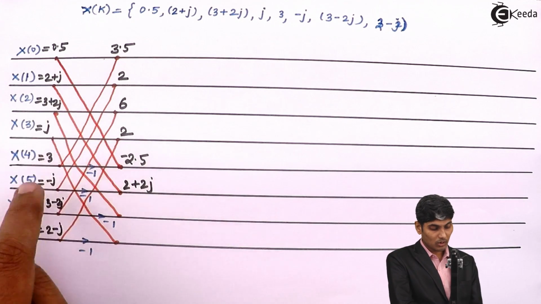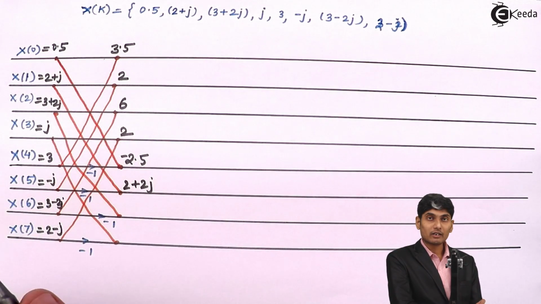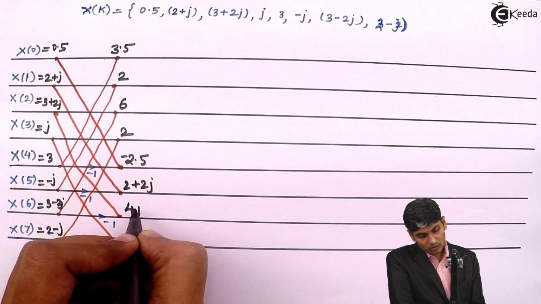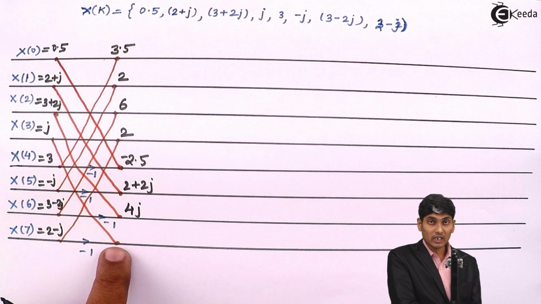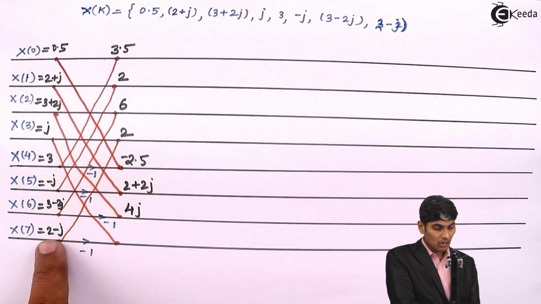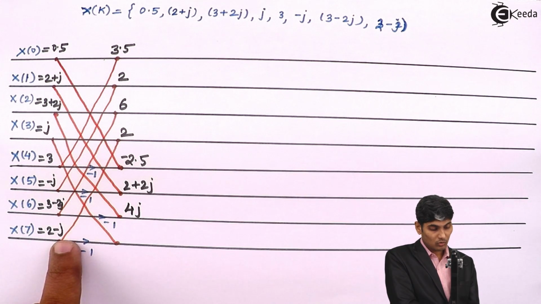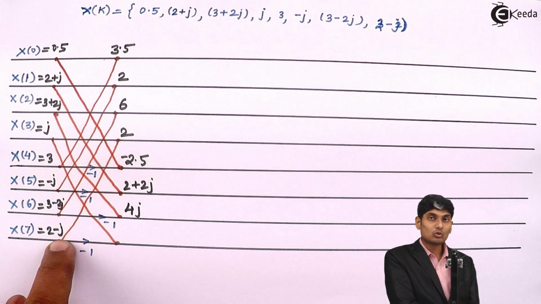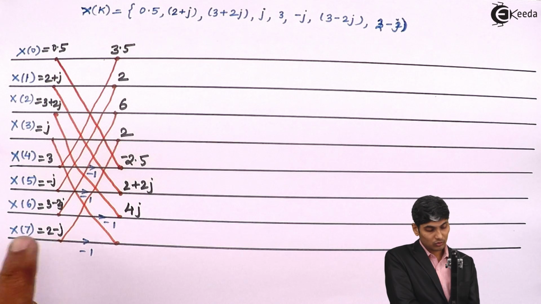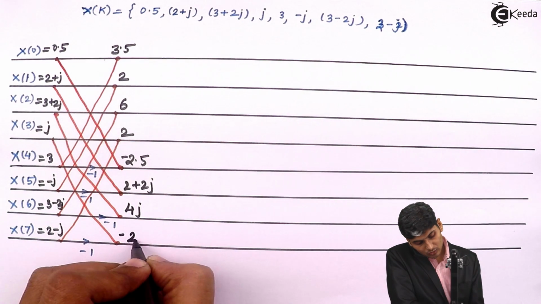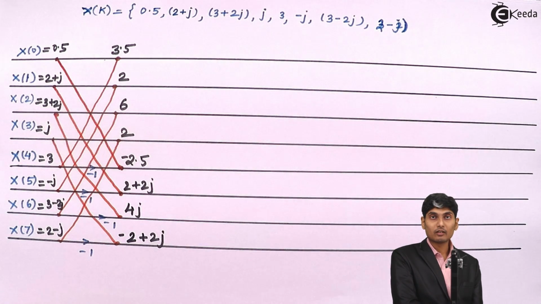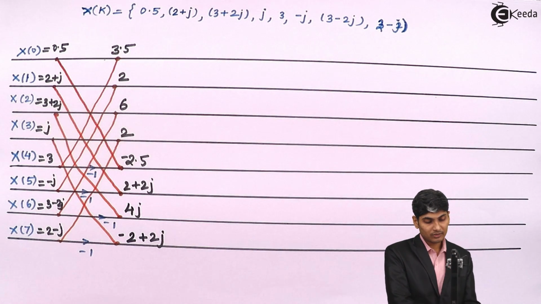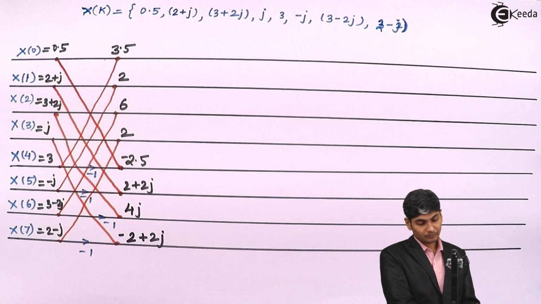When you add these two numbers, 2j will remain, that will give me 4j and 3 will get cancelled. Then I have j minus 2 plus j. So j and plus j will give me 2j and this is minus 2. So I have minus 2 plus 2j. Agreed? So this is the first stage output.